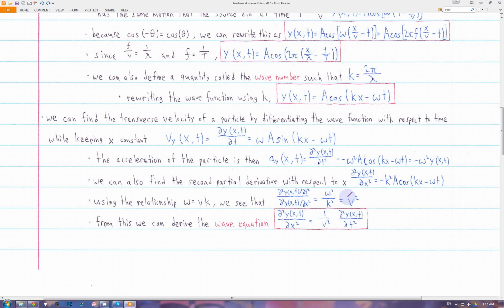Now using the definition of the wave number, 2 pi over the wavelength, we can rearrange this to find the wave equation. Now, you won't have to do any calculations with this, but it's an important equation because we know that if this equation appears, then it's describing some wave or disturbance traveling through a medium at a speed v.